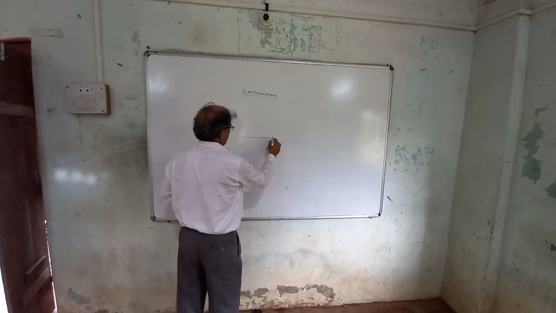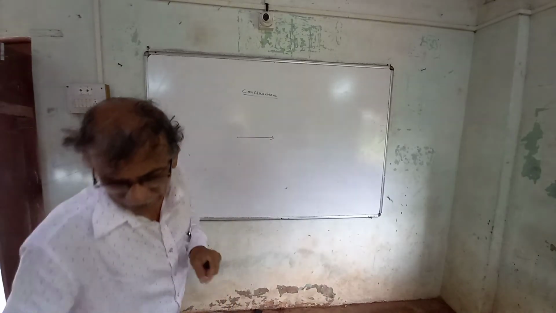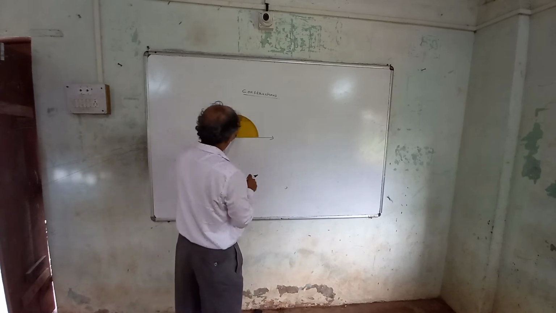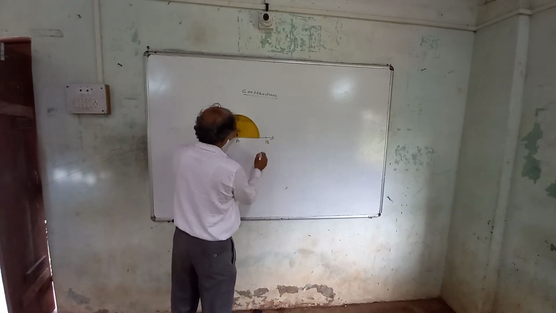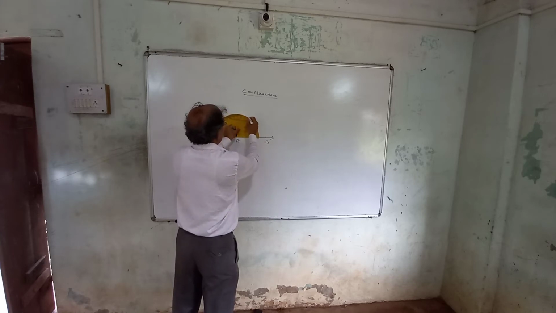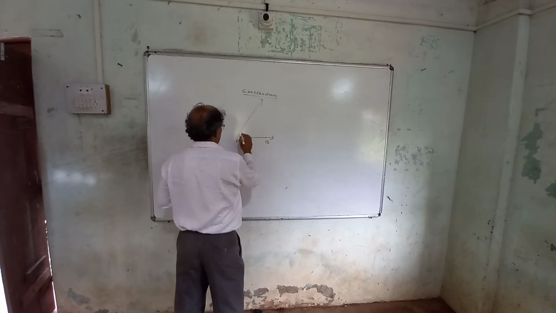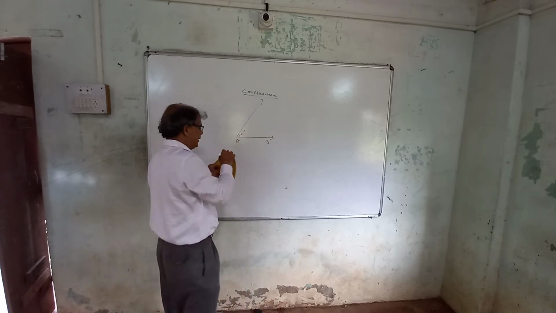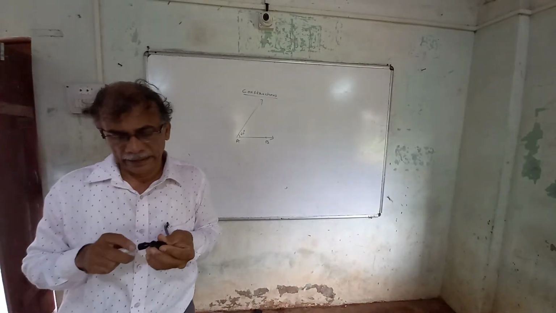If you want to construct the angle of 60 degrees, you take the protractor, keep it on point A. Suppose this is point A, this is ray AB. Keep it on A, and measure from here 10, 20, 30, 40, 50, 60. Isn't it? And you draw the ray like this. This is 60 degrees. But that is with the help of a protractor, we are going to measure the degrees.